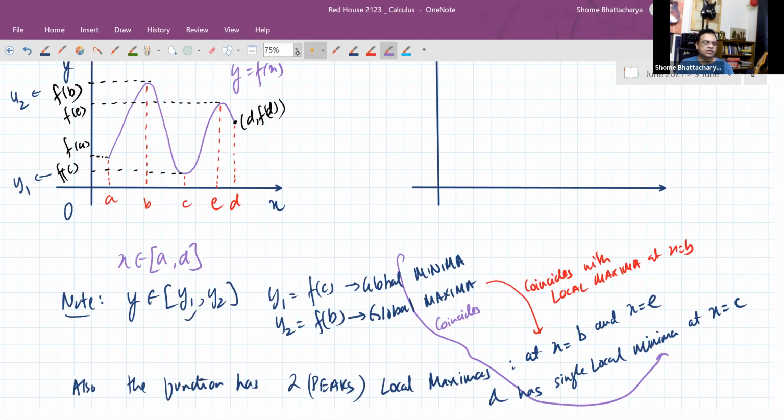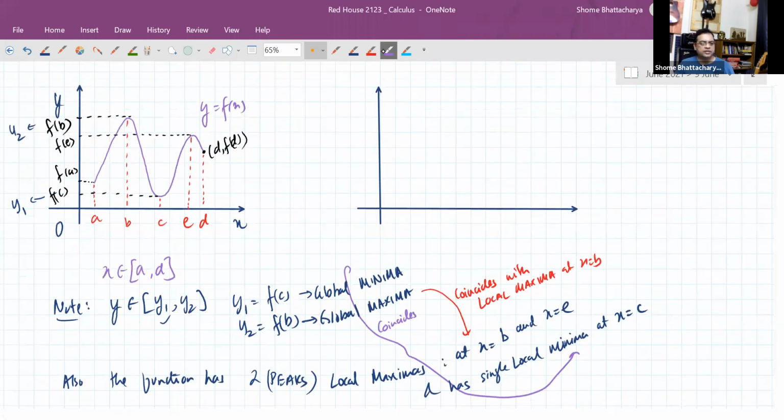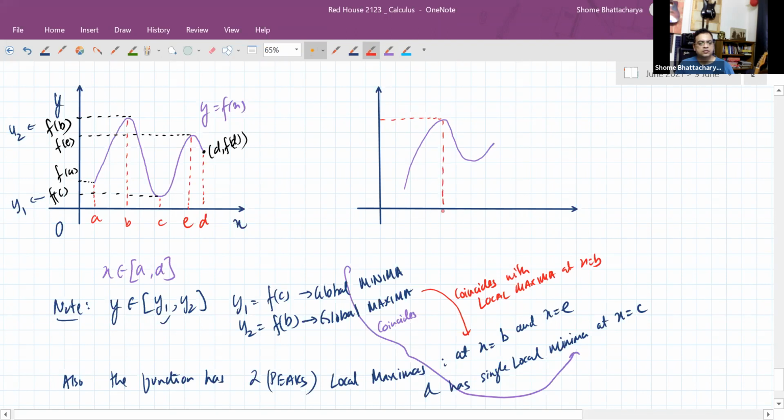But of course, it may not be like this in every example. So if you compare this with, let's say, another graph like this one, let's say this graph is like this. Now in this graph, you can see that at this point, we are having both local and global maxima.